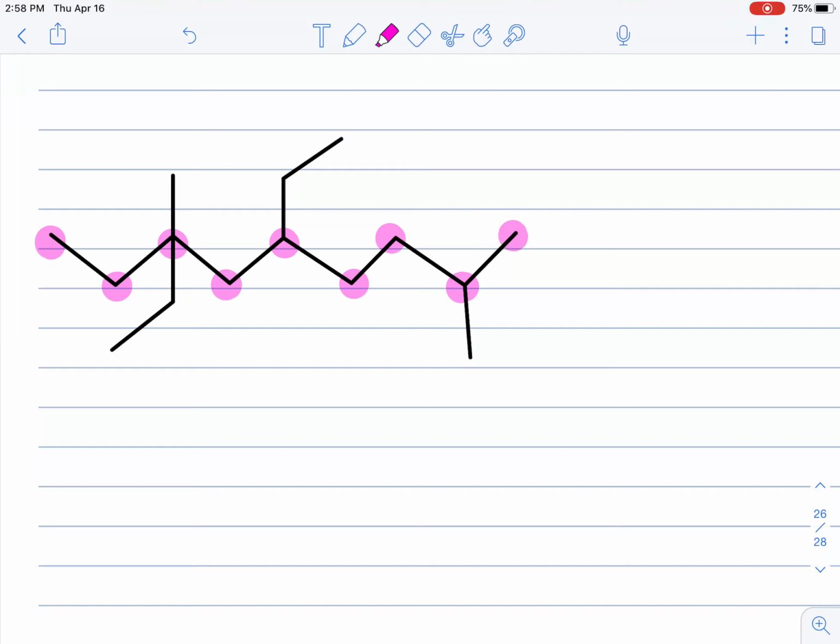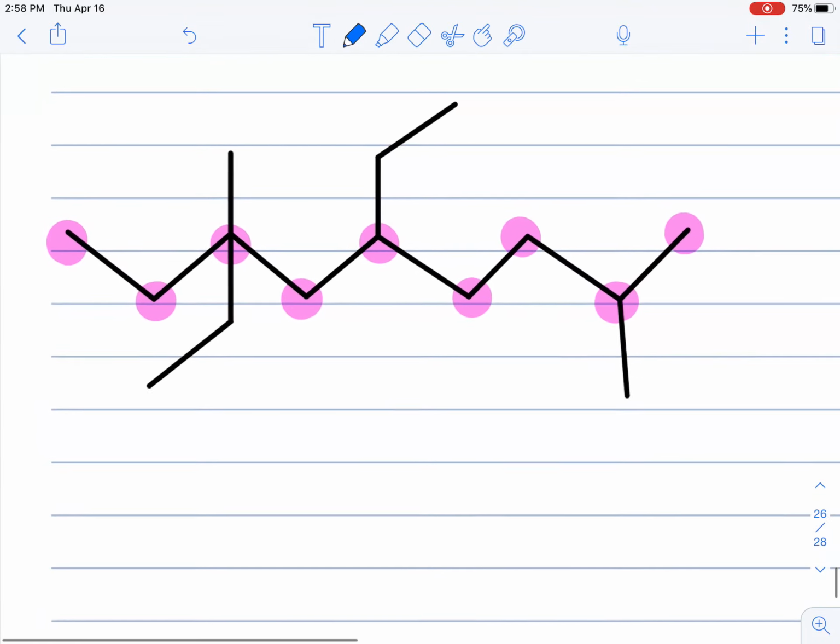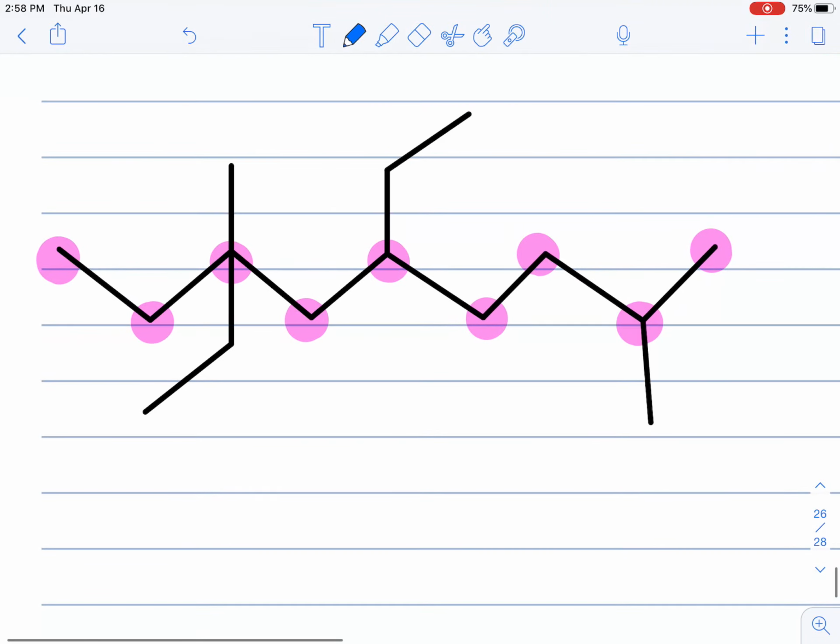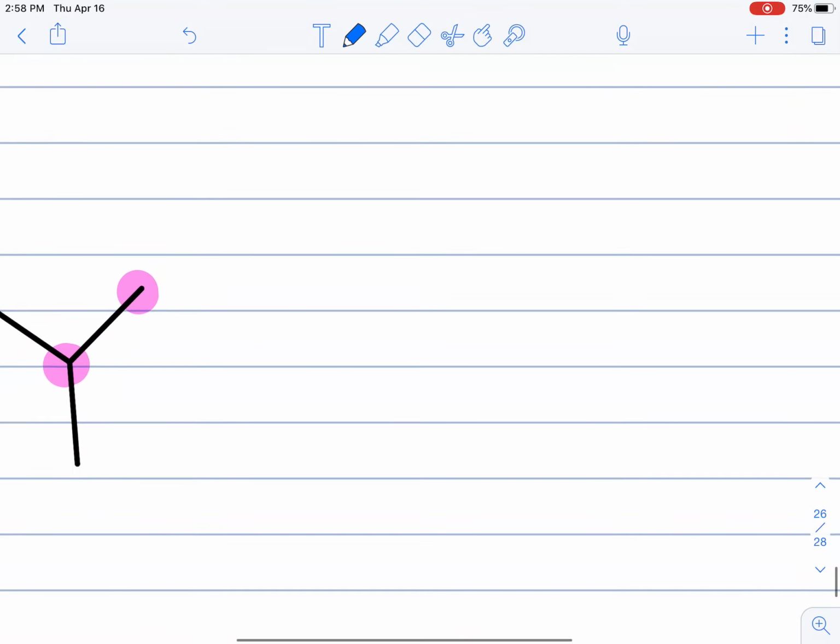So it doesn't matter which carbon you use for 9 in this scenario because they're both equivalent. I'm just going to go from left to right. All right, so now that I've identified my carbon chain, a 9 carbon chain, that's nonane. Okay, so that's my parent.